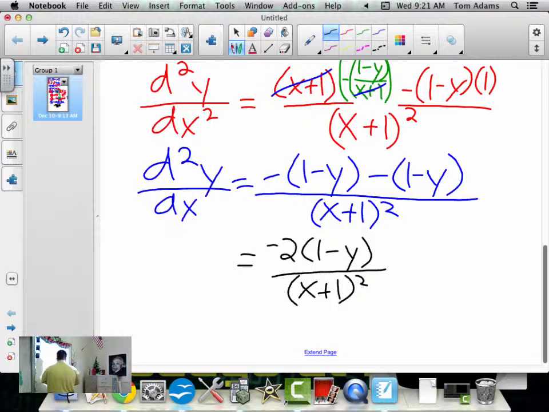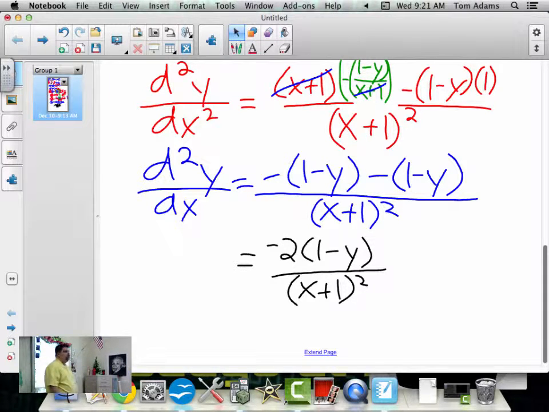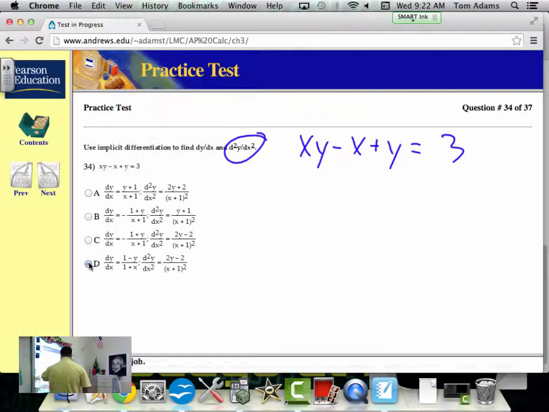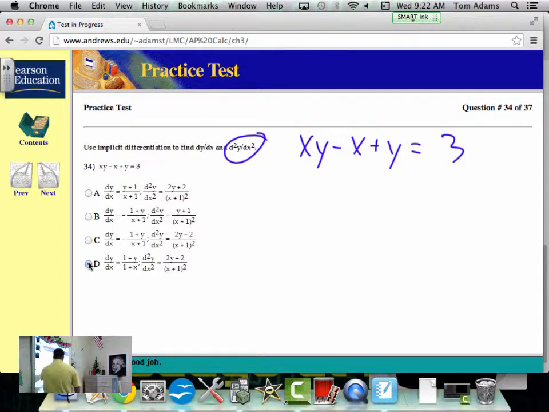Now we're going to go back and check the answer. I don't know if they push that negative 2 through or not. Yeah, because if you push the 2 through, then this will be positive 2y minus 2 all over that. Yep. Yeah. Okay. Thanks, guys. Have a good day.